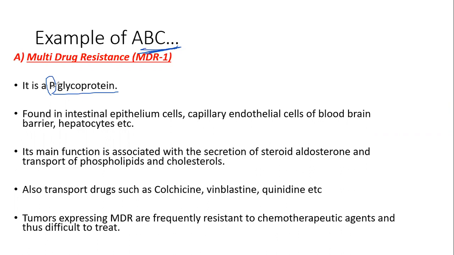It is one of the drug transporters. P is for pump, glycoprotein, because there are many glycoproteins. They are found in intestinal epithelium cells, capillary endothelial cells of the blood-brain barrier, hepatocytes, etc. The main function is associated with the secretion of steroid aldosterone and transport of phospholipids and cholesterol. Along with that, they transport drugs such as colchicine, vinblastine, and quinidine.